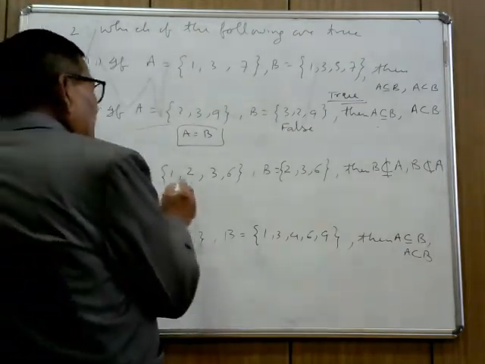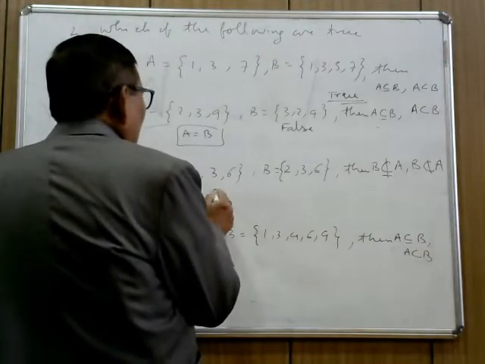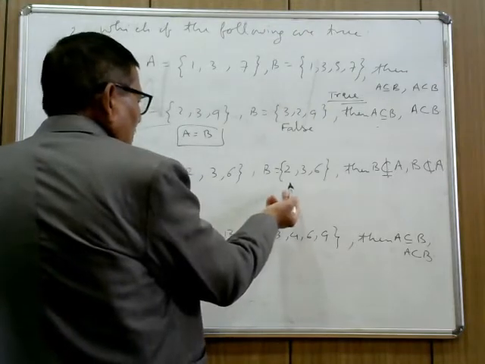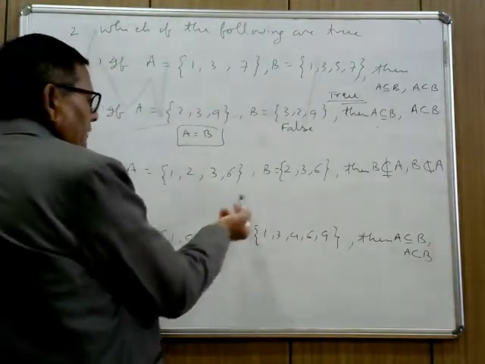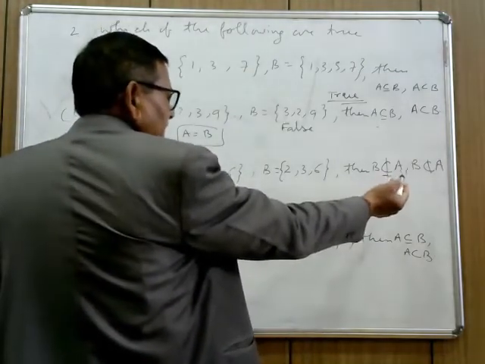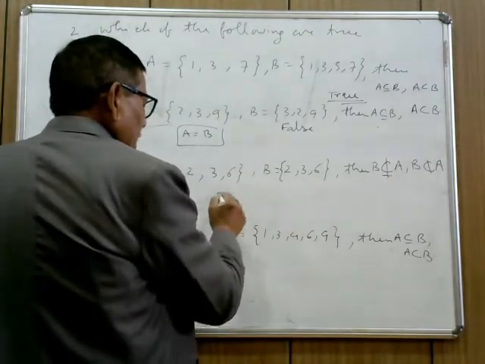Third, if A is given as like this and B equal to {2, 3, 6}, you see that all the elements of B are members of A. So B is a subset of A, but here you are given that B is not a subset of A. So what can you say about this? This is also false.